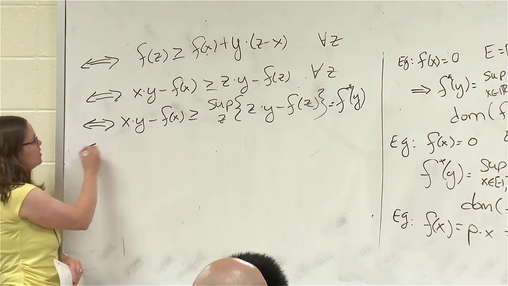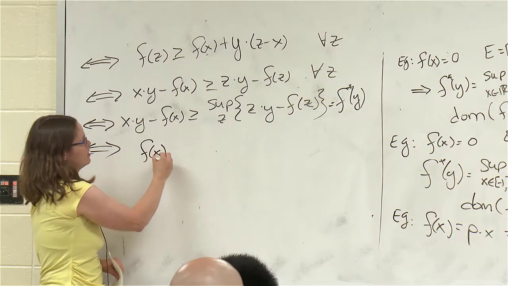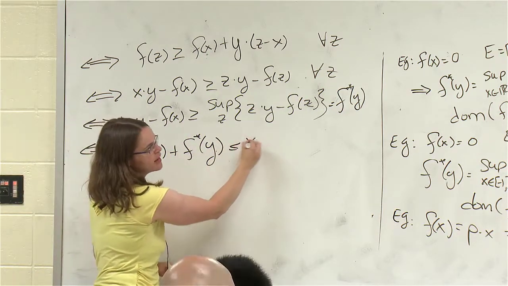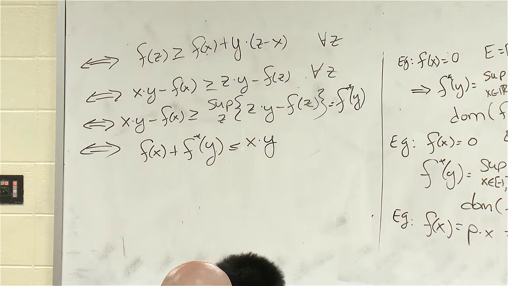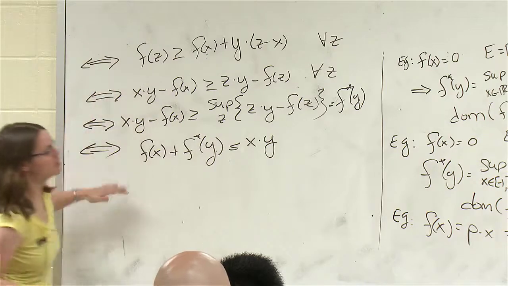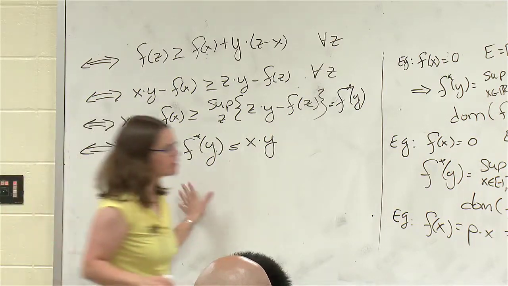Okay, so what have I got? If I rearrange this a little bit, I have f of x plus f star y is less than or equal to x dot y. And again, this was all equivalent to the fact that I chose y as an element of the subgradient. So this is now true in this case.